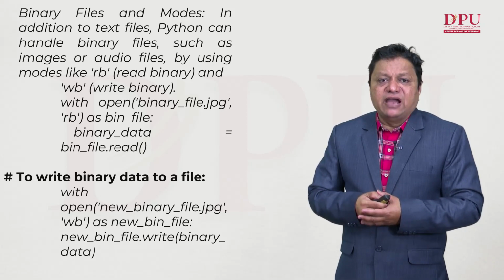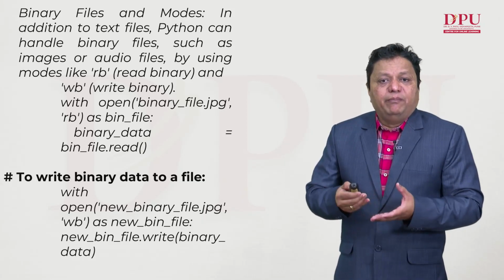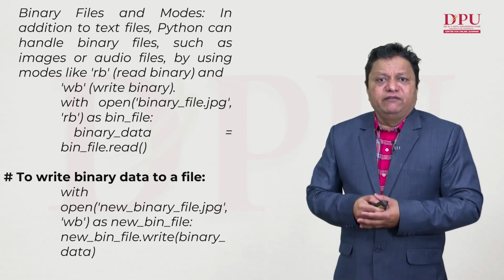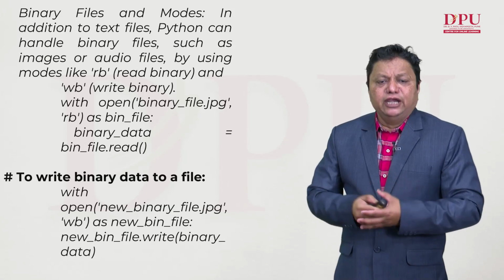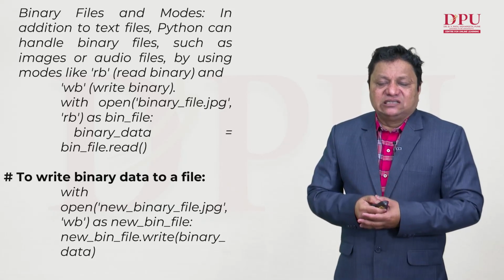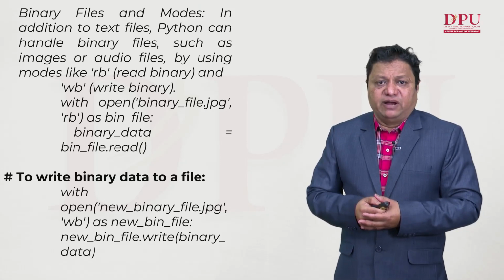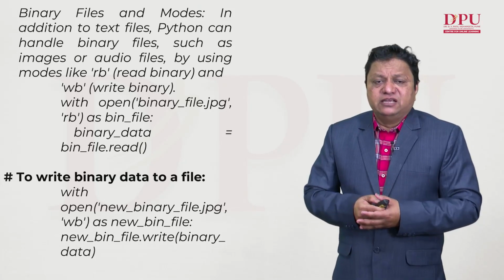Now, I am reading: binary_data is equal to bin_file.read. So, the content of binaryfile.jpg will be stored into the variable called binary_data. This is how I can read from a binary file if I am dealing with images or audio files.